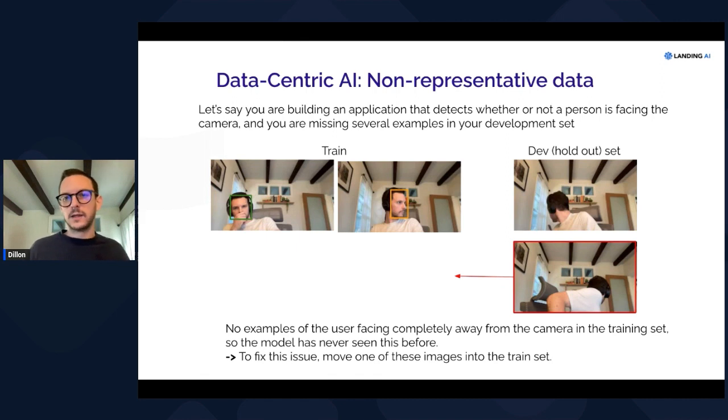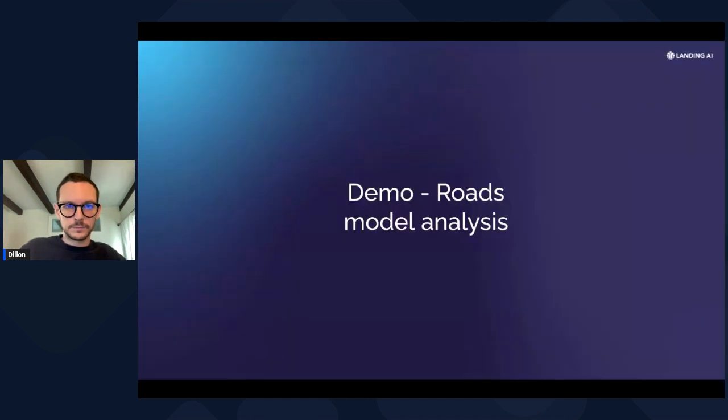So you can either move some of those images back to the train set, or better yet, if you've deployed early on, you should be collecting a lot of this kind of new data, and you can move those into your train set to fix this issue. So just by deploying early, you're collecting more data to improve model performance on cases like these.